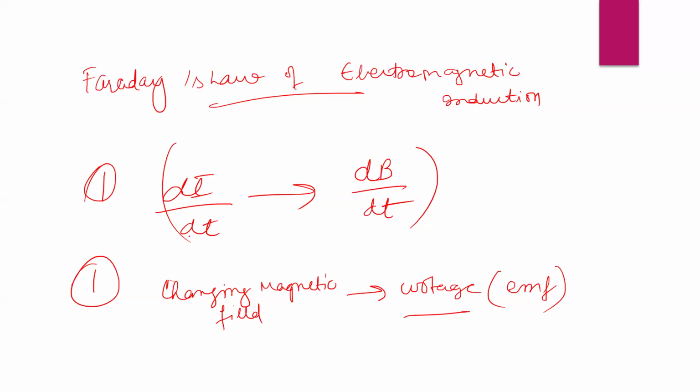So the changing current is producing the changing magnetic field, then this changing magnetic field is producing the voltage. And these are the laws of Faraday. And what is the formula for this EMF, electromotive force? It is e = dΦ/dt.